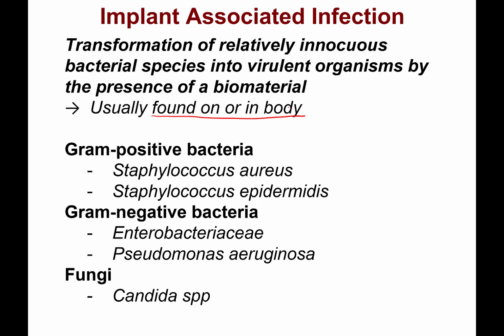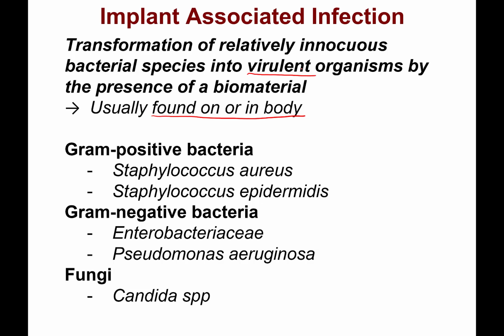We naturally have a community of microorganisms known as the microbiome in our body and on our body, and they're normally innocuous, so they're not harmful. But in some cases, when we have an implant, there is a transformation that occurs where they become virulent once they get on the surface of a biomaterial.